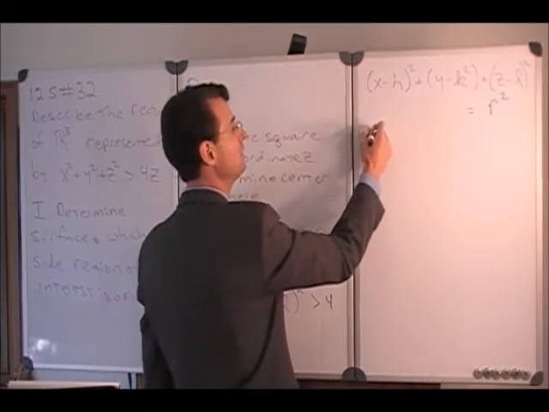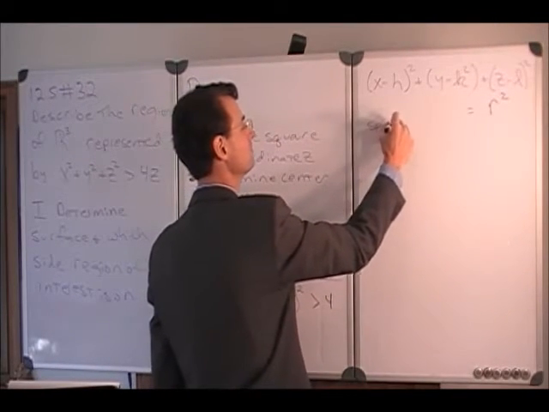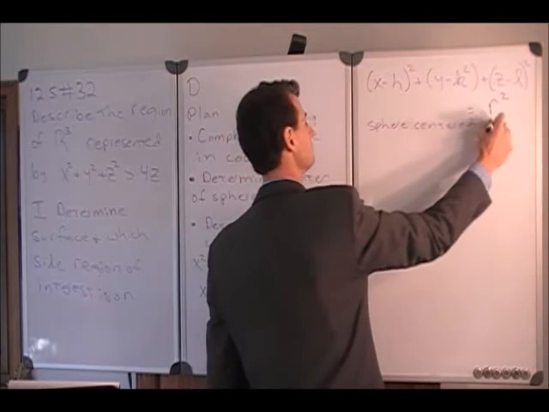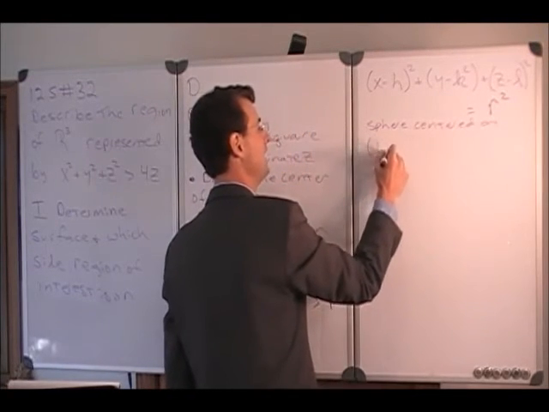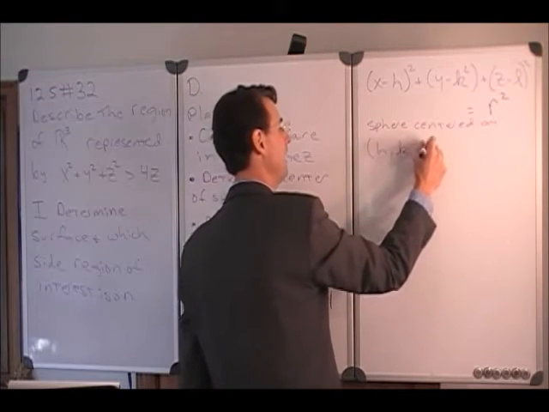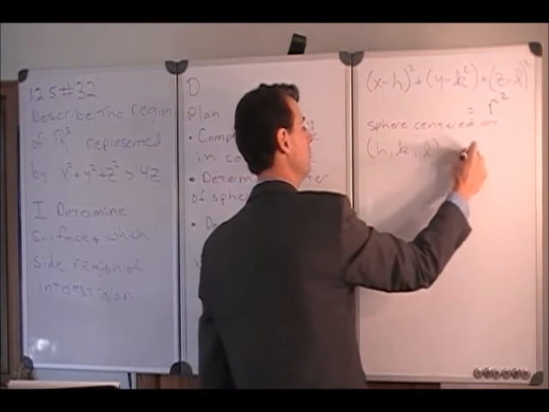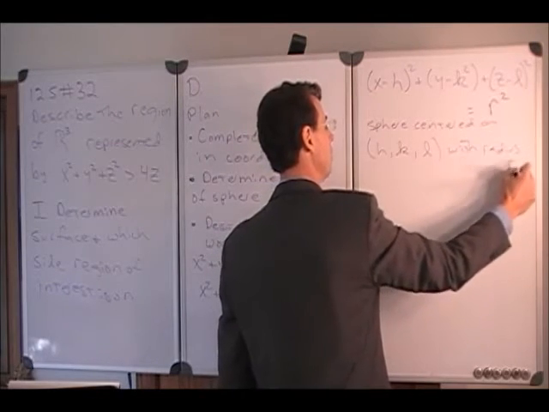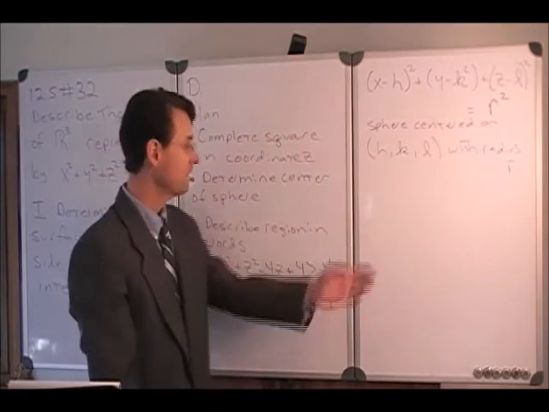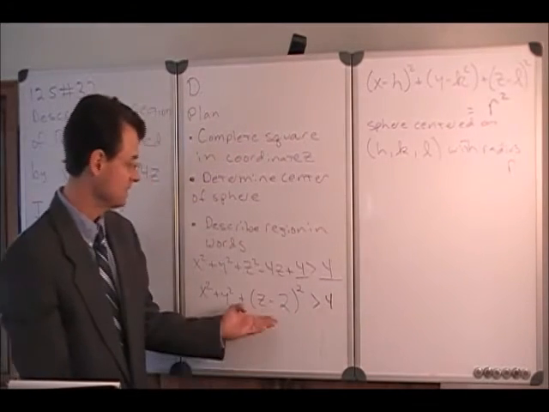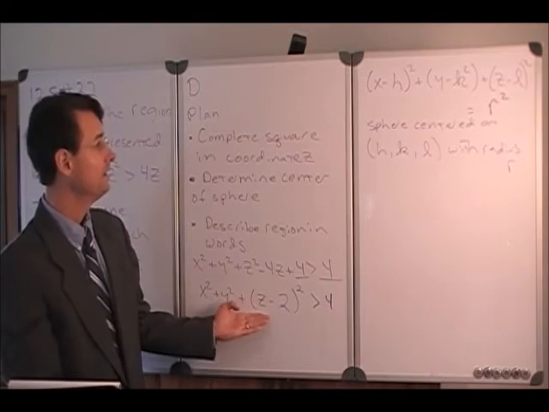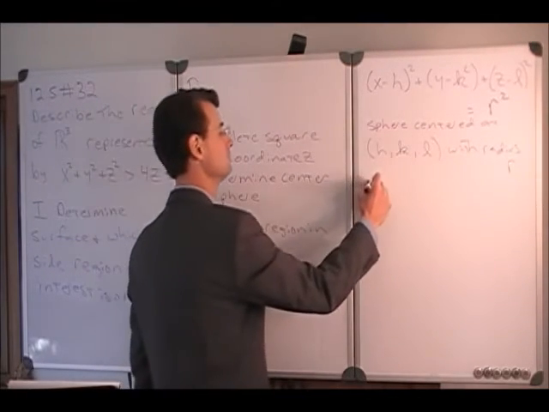So this would be a sphere centered at (h, k, l) with radius r.